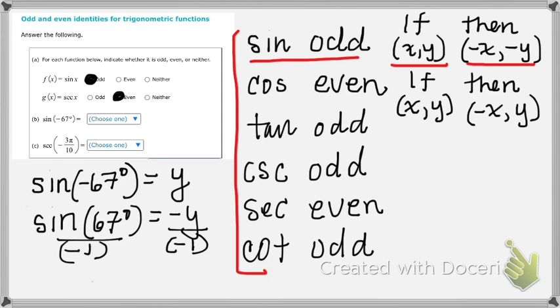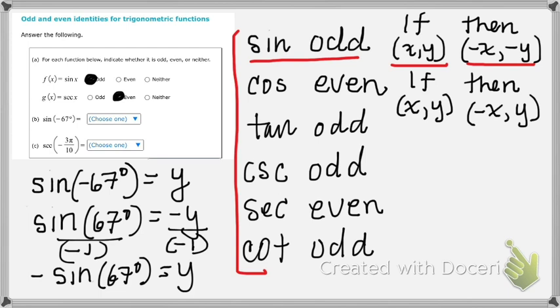Divide by -1, and then what will I have? I will have the negative sine of 67 degrees is equal to y. If you're going to want to be able to do this, you're probably going to have to rewatch what I just did a couple of times. Almost everybody would have to really slow it down and try to follow what I'm doing there.